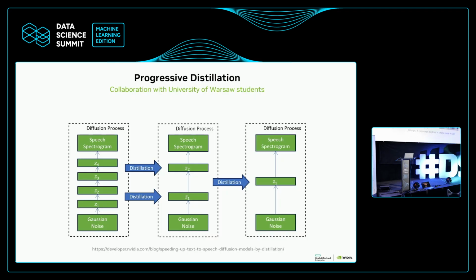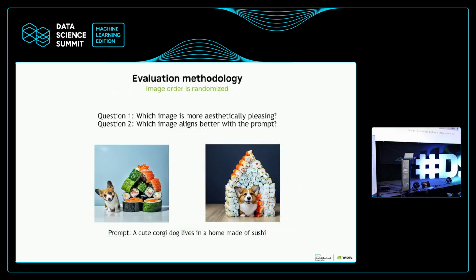I would like to tell you how we evaluate these models, because that's a tricky part. So the approach is we can ask humans what they prefer. There are 2 images coming from 2 different models. The participants usually don't know which one is which, so they're not biased towards any specific model. And basically we ask them two questions. The first one, which image is more aesthetically pleasing?